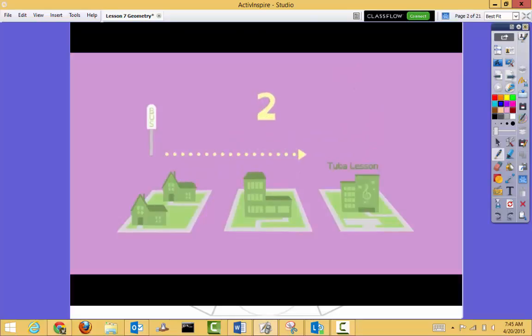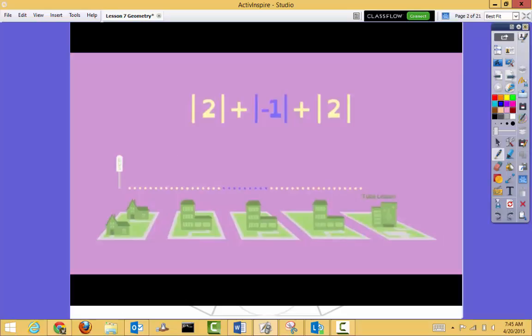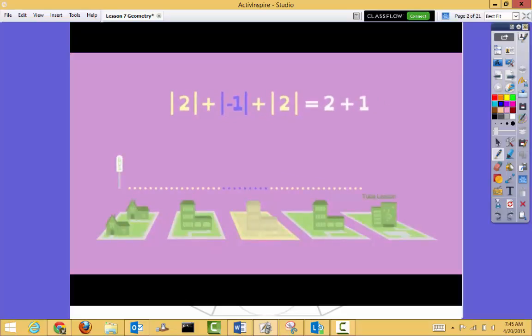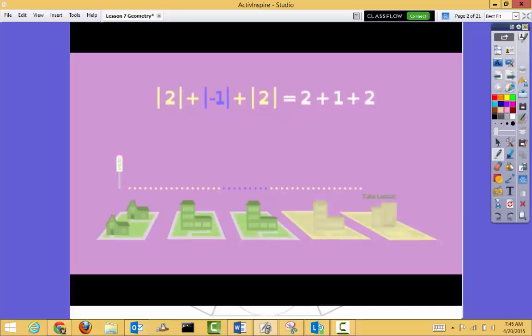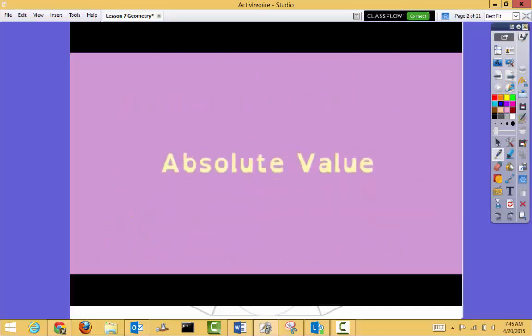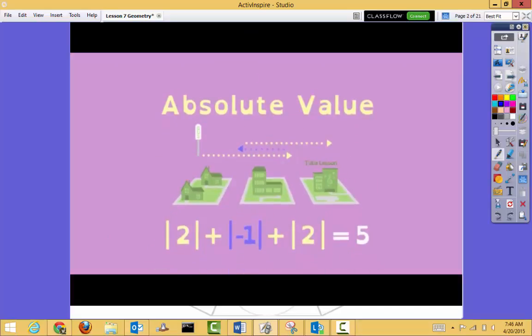By walking 2 blocks forward, 1 block back, and 2 blocks forward, Lucy ends up 3 blocks from the stop, yet she walked more than that. Absolute value shows us how much she actually walked. 2 blocks forward, plus 1 block back, plus 2 blocks forward, for a total of 5 blocks. Phew! Absolute value can help us calculate distance and solve math problems.